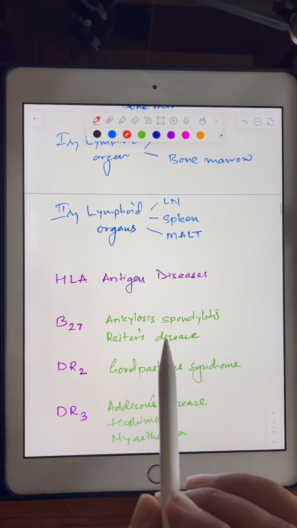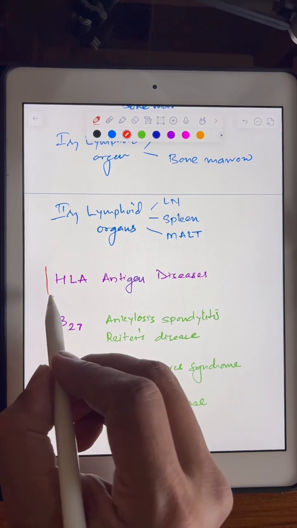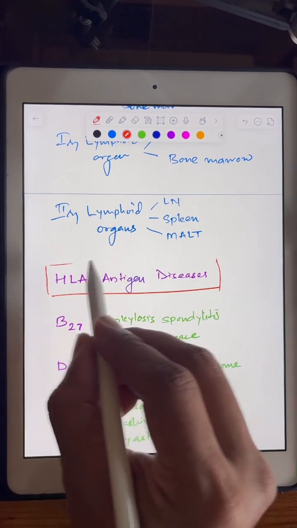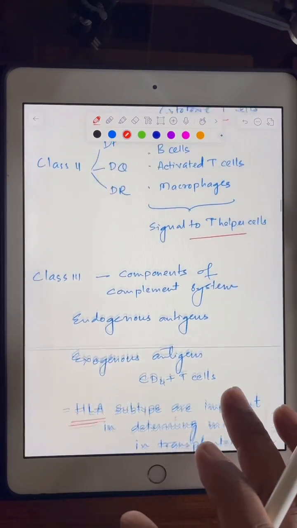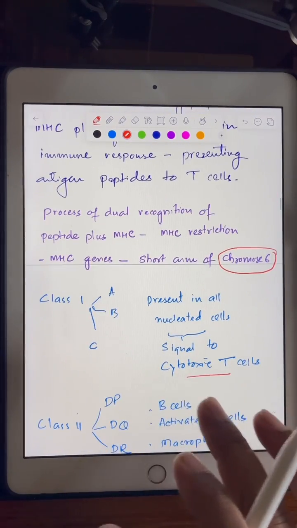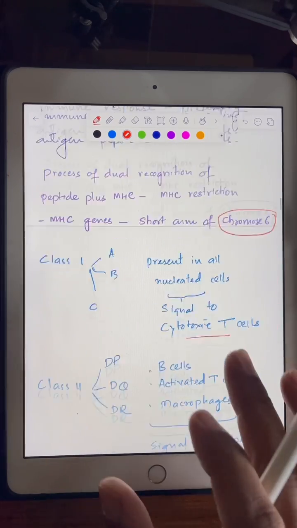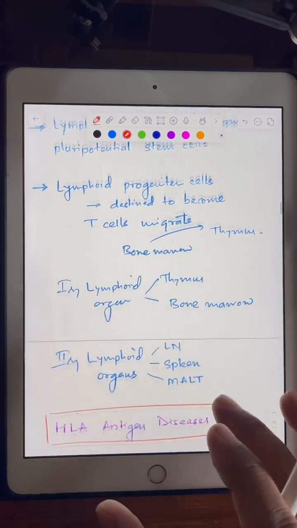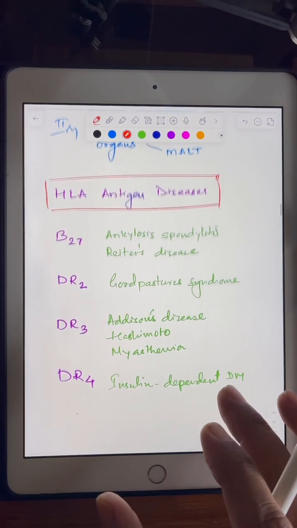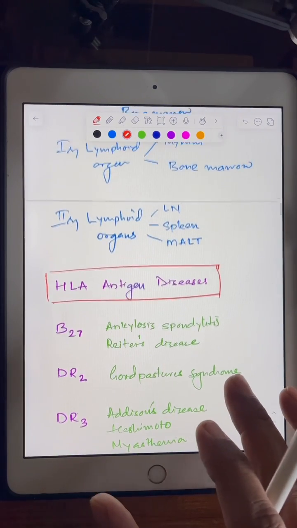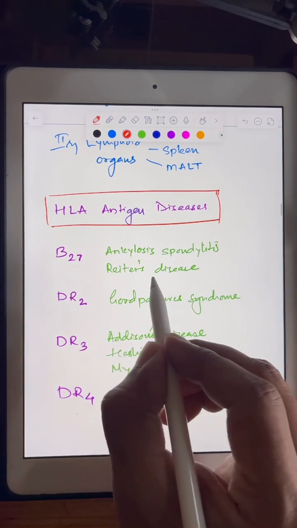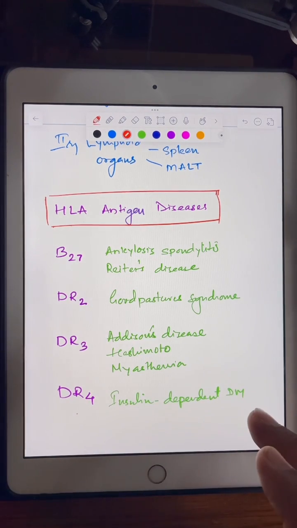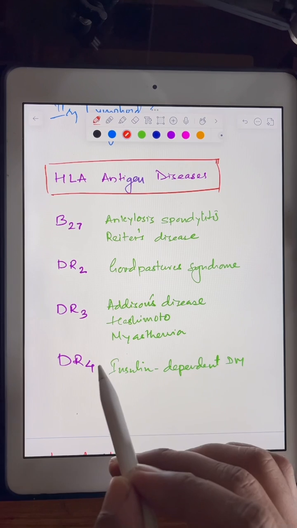HLA antigen diseases. What are the diseases related to HLA? We have seen HLA class 1 A, B, C, and class 2 DR, DQ, DP. B27 is associated with the hereditary disease ankylosing spondylitis.